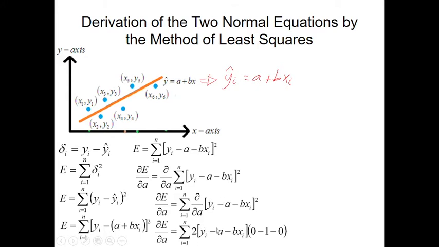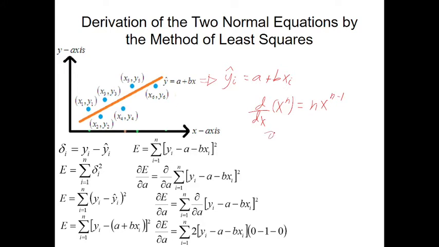Okay, meron tayo ditong 2. Bakit may 2? So, recall nga natin, pagkuha ng derivative ng isang function, let's say derivative of x to the power of n, that is n x raised to n minus 1. Okay?